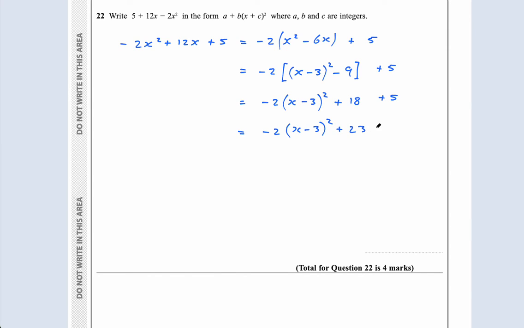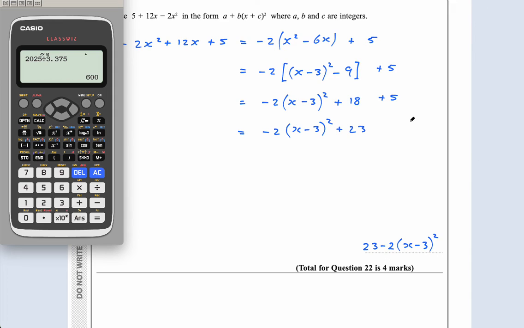And that I can write as 23 minus 2 times x minus 3 squared. And that's it. That is the answer. Now I did promise you a kind of calculator hack way to do this. So let me show you.